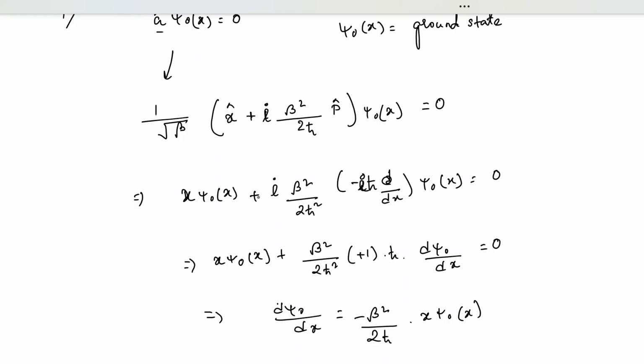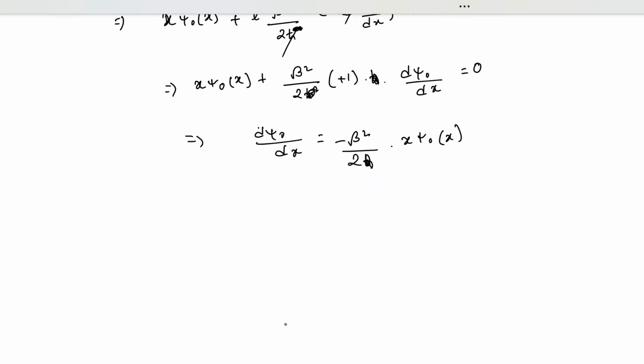Sorry, my mistake, there was no h cut square, only h cut on this term, so this h cut cancels out and there is no h cut term left. Now you can simplify further that d psi naught by dx is psi naught prime x divided by psi naught x equal to minus beta squared by 2 x.